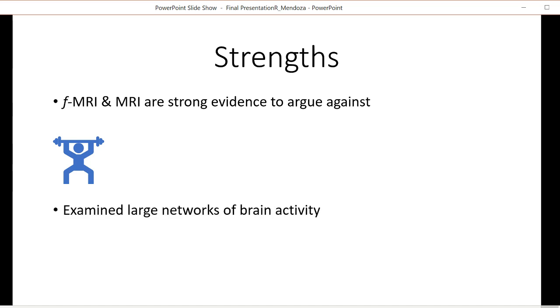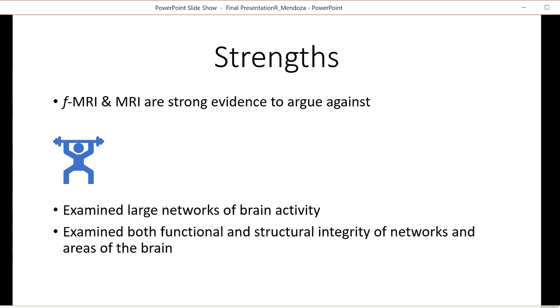Another strength is that this use of fMRI and MRI examined large networks of brain activity, whereas other previous researchers have examined just one particular structure or smaller areas of neural network connectivity.